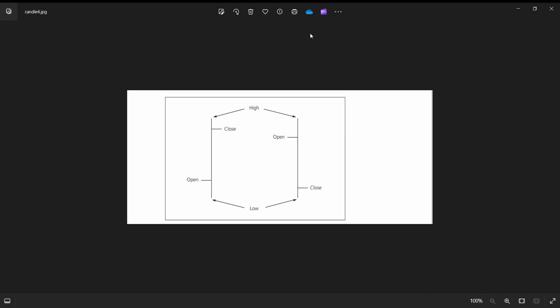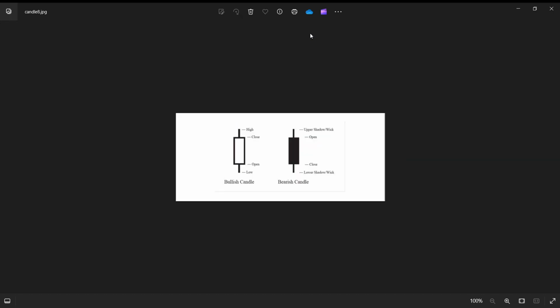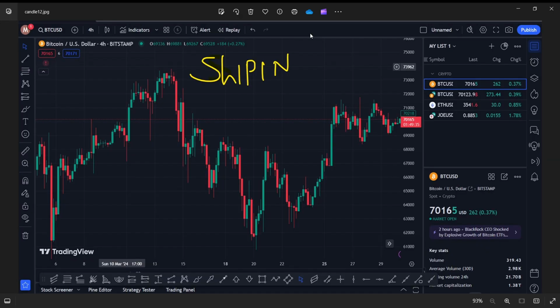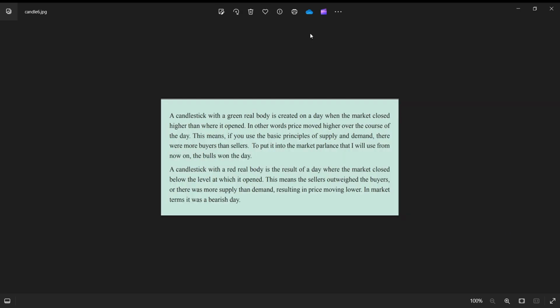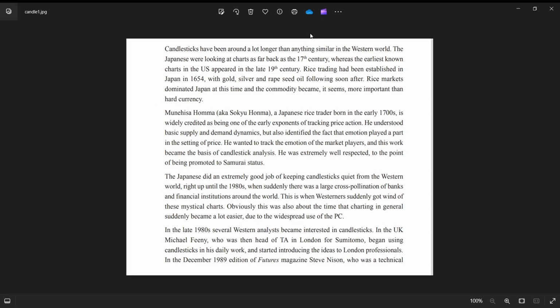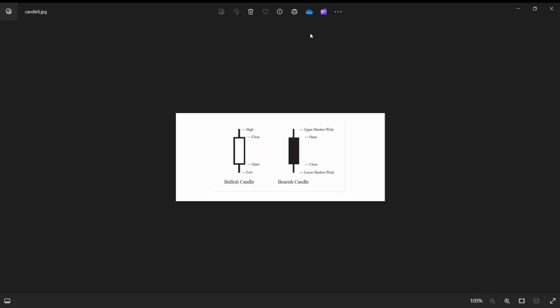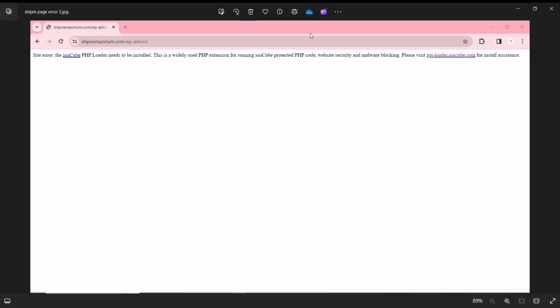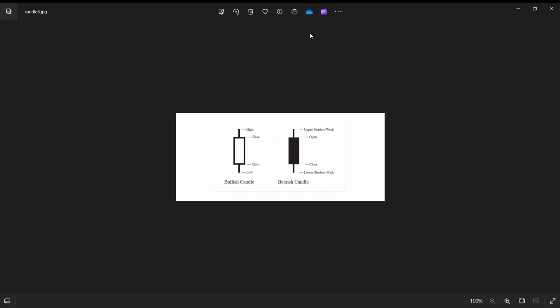We need to understand first of all what candlesticks mean. What is a candlestick? I think I took a screenshot of a definition from Google. Let me see the definition of candlestick from Wikipedia. It's not here, but let me get one.